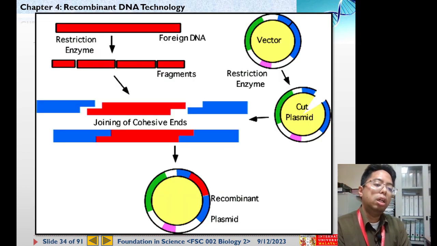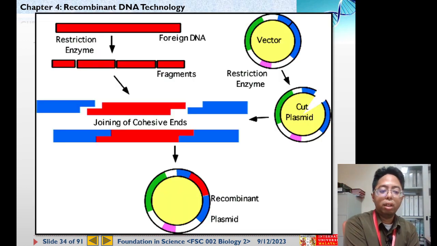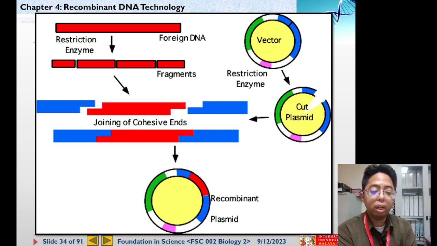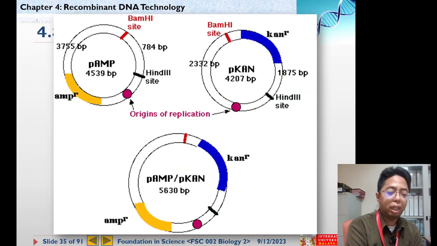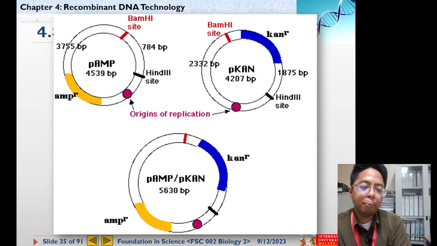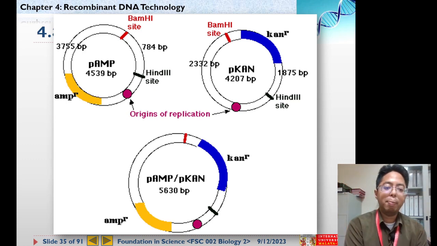So you can see here, you have the foreign DNA broken down with the restriction enzyme into fragments, and they join with the cut plasmid. The parts which are overhanging will be joined, and in the end you have the recombinant DNA. As you can see here, this is actually a plasmid, cut with BamHI.